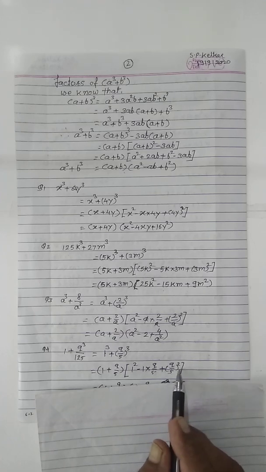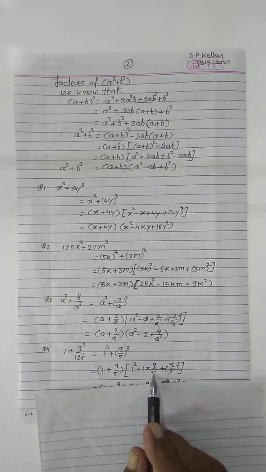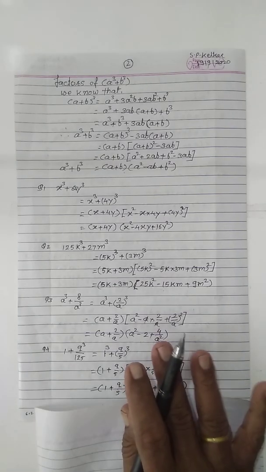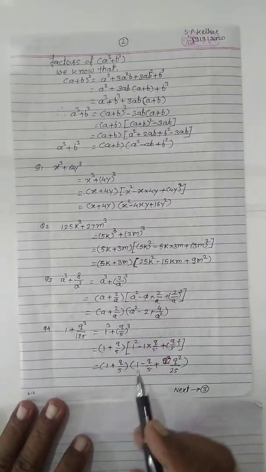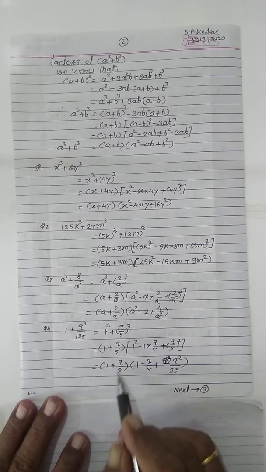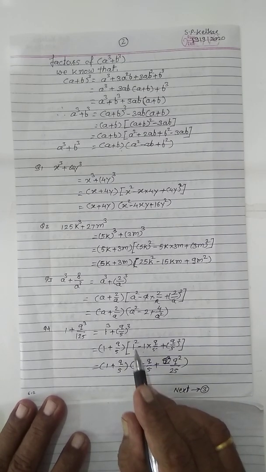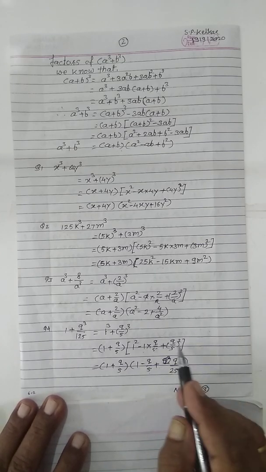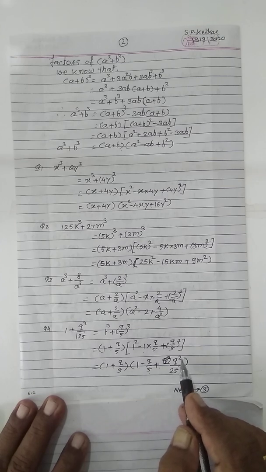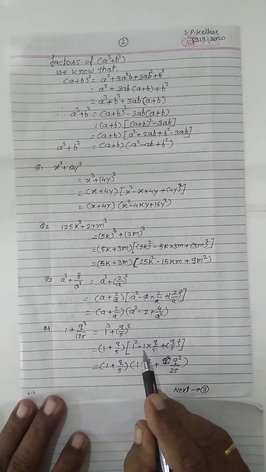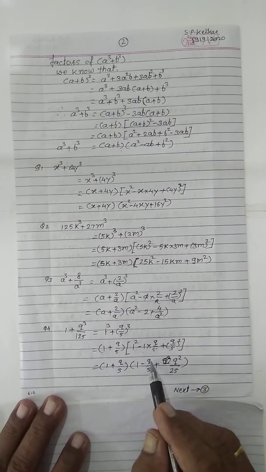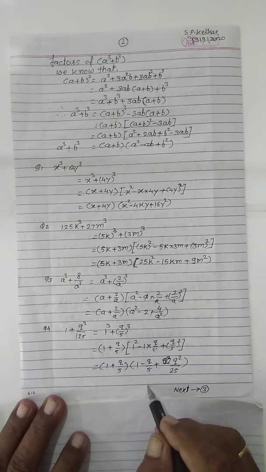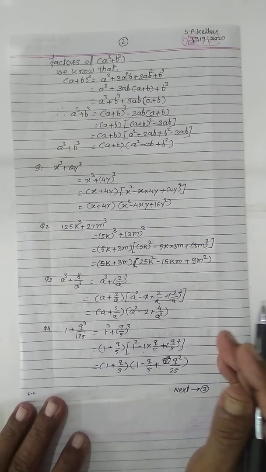The second term is (q upon 5) whole square. In the first bracket 1 plus q upon 5. In the second bracket 1 square, which is 1, minus 1 into q upon 5, which is minus q upon 5, plus the square of this, q square upon 25. In this way we find the two factors of the given example.